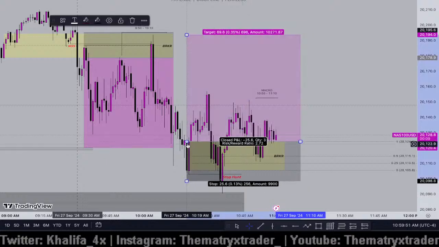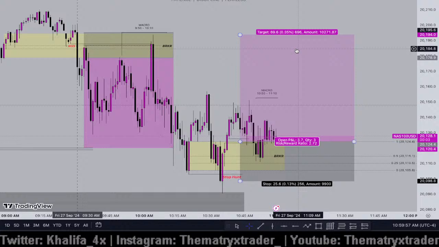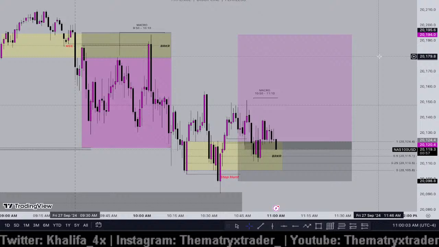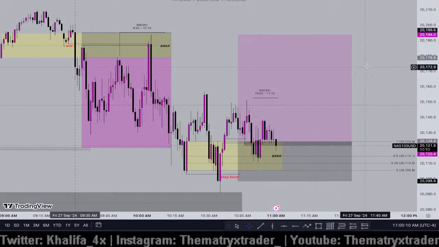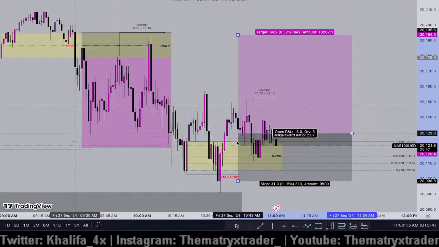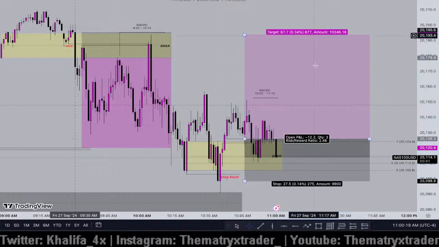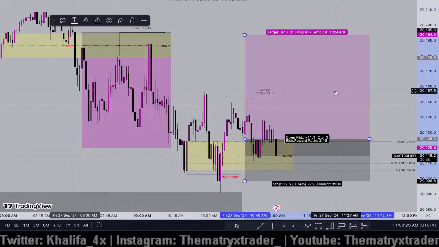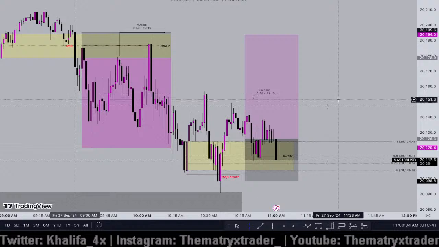If we got an entry from this very breaker, I think this is gonna be the next bearish breaker, but not until we hit this 11:10, right?